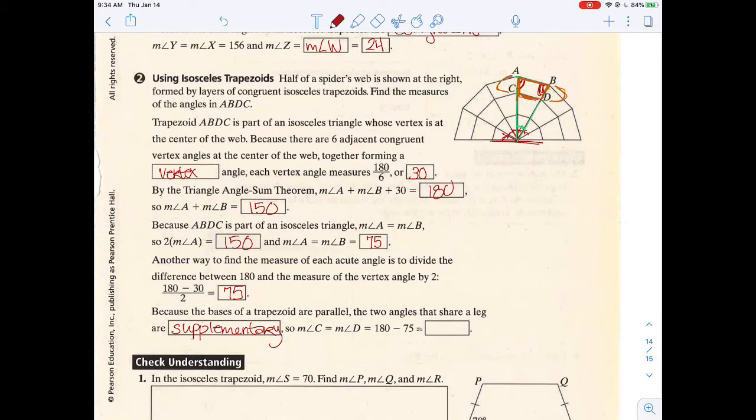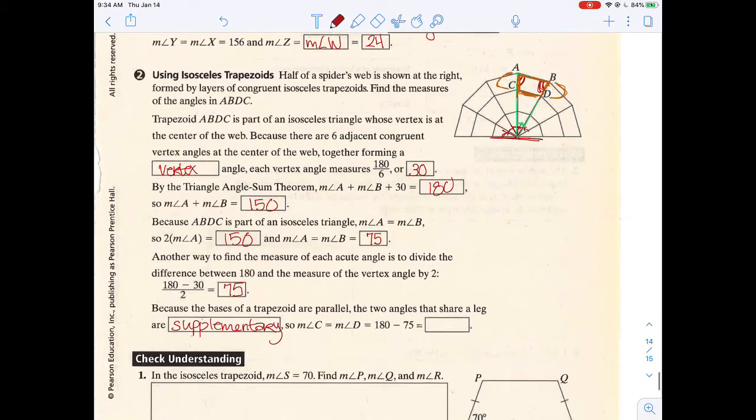So if I'm trying to find D, I can do 180 minus 75 because I know that A and B are 75 degrees. 180 minus 75 would get us 105. So both C and D are 105 degrees.